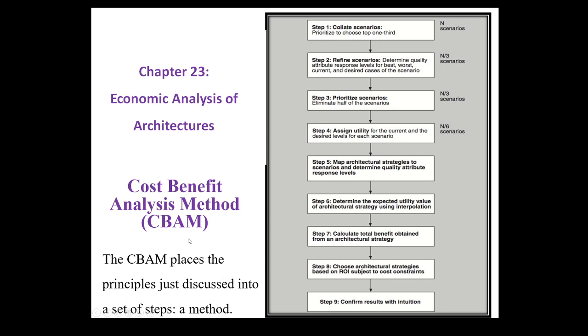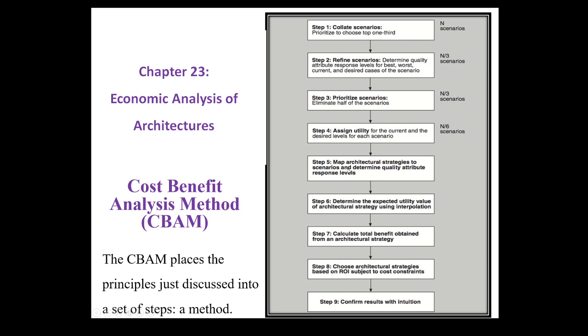This method has some principles, and those principles are discussed as a set of steps, which are listed here. First step is collate scenarios. Second step is refine scenarios. Third step is prioritize scenarios. Fourth step is assign utility.